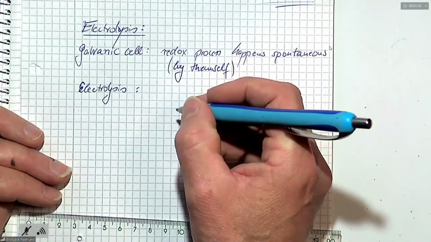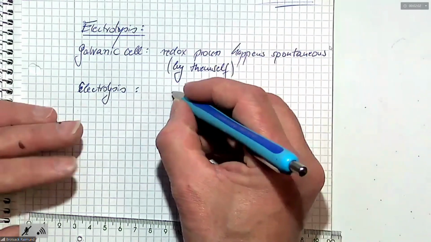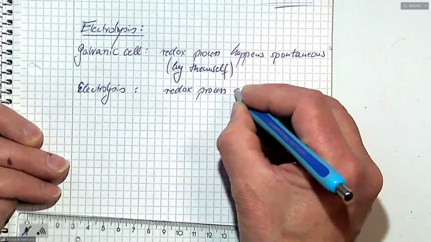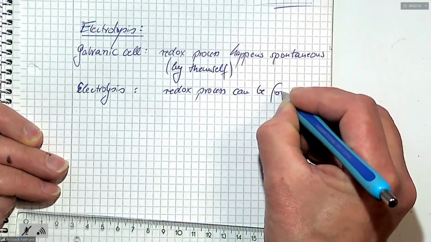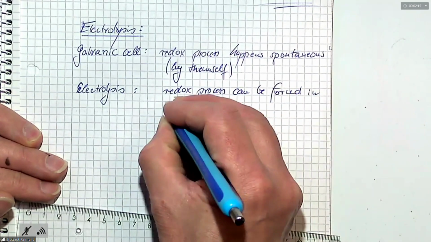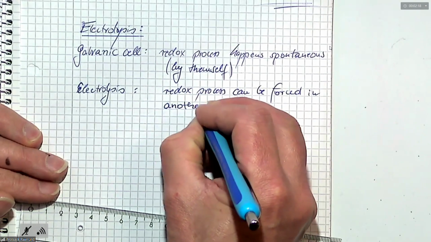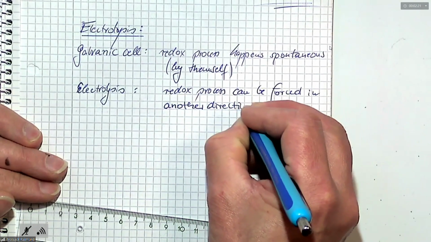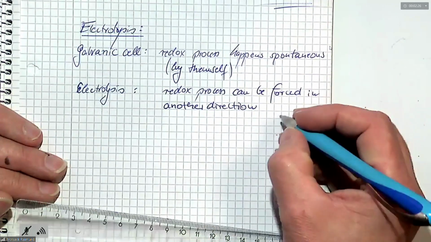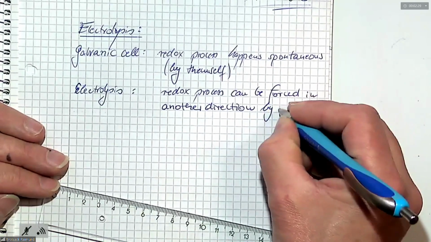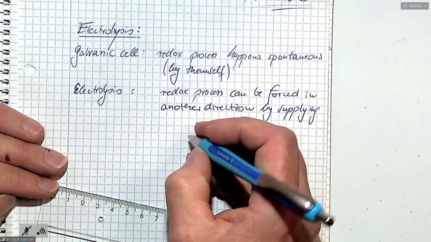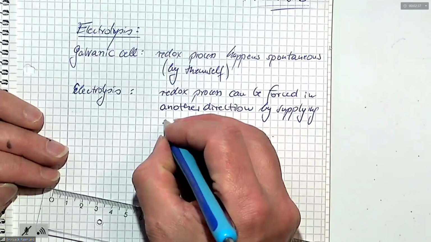So a redox process can be forced in another direction by supplying energy, or mostly electrical work.